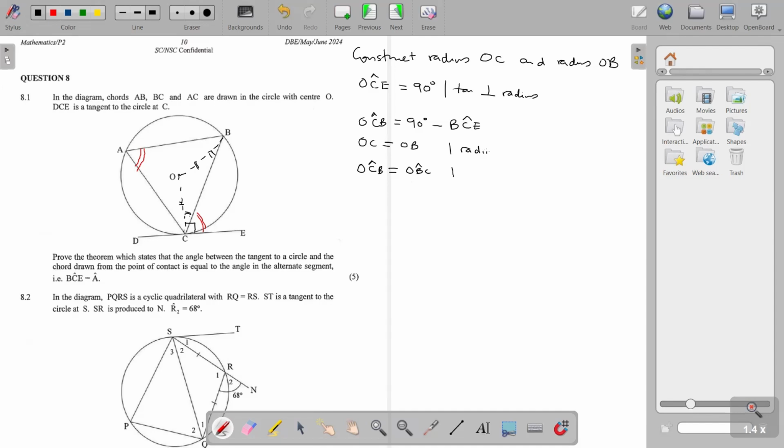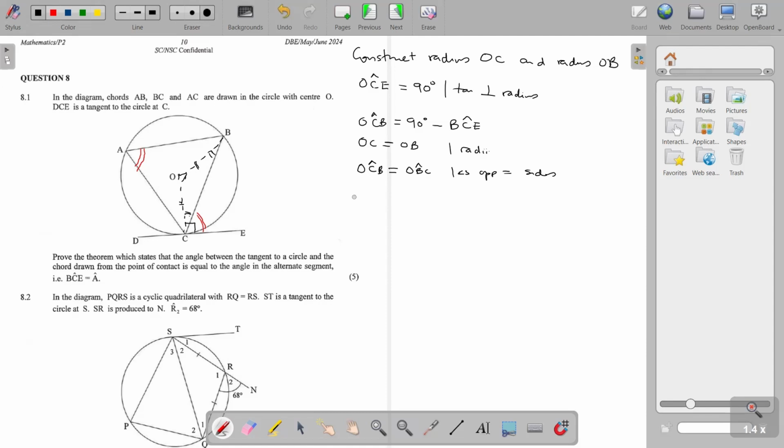Why? These are angles opposite equal sides. Then from there, in this triangle, we can calculate the third angle, which is angle COB.